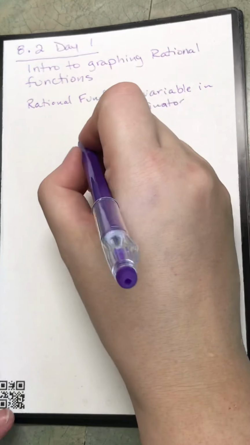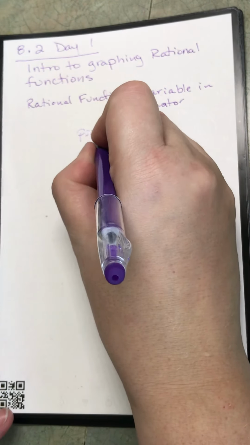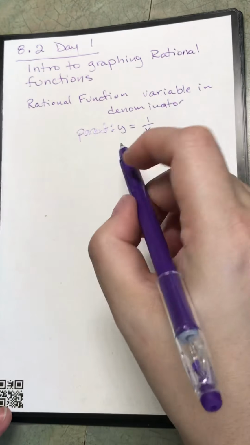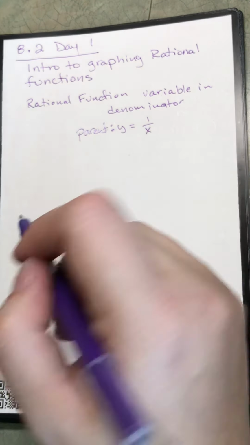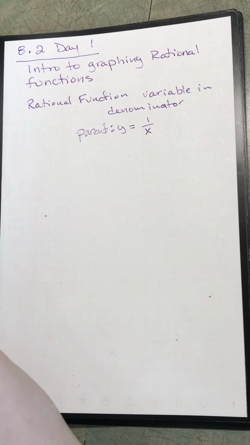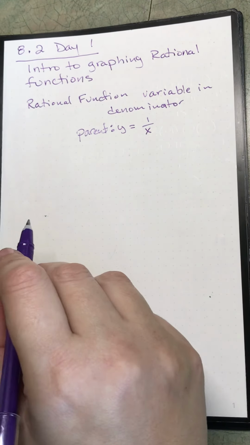So this is the parent function. It's just the function y equals 1 over x. So we're going to start by just graphing this and then talking about the general features of the graph.